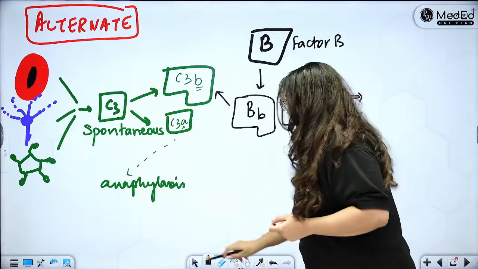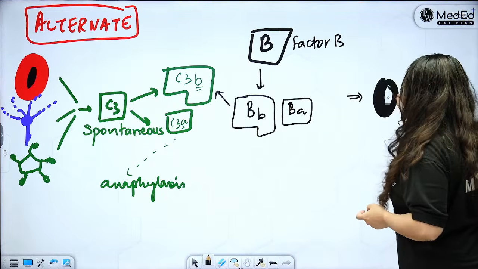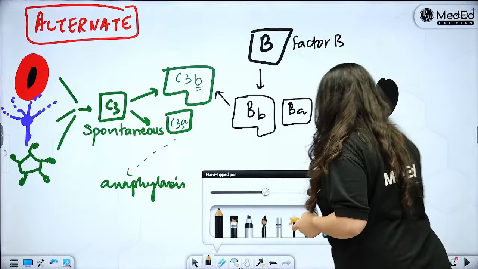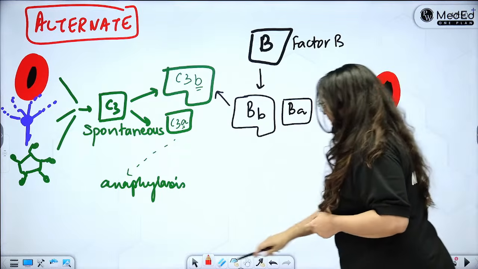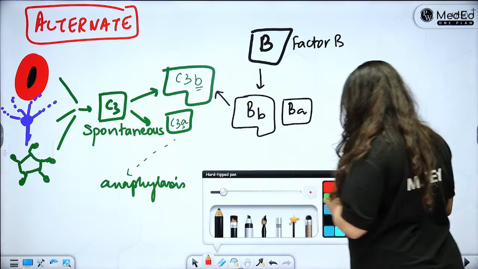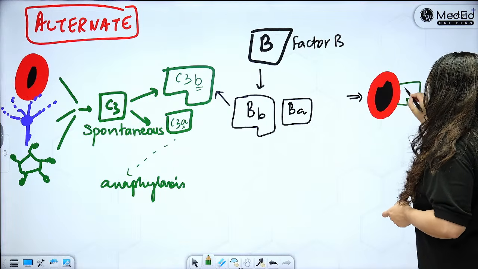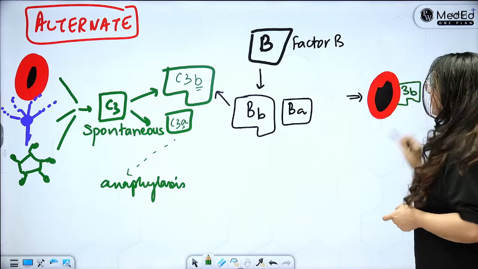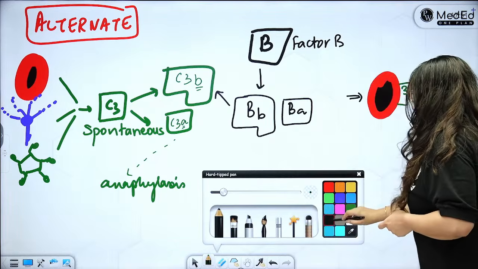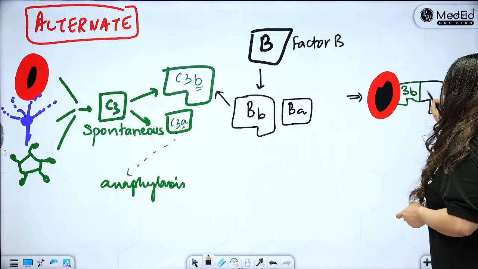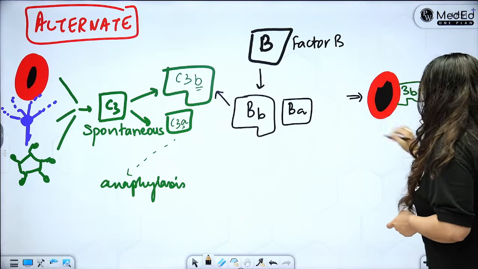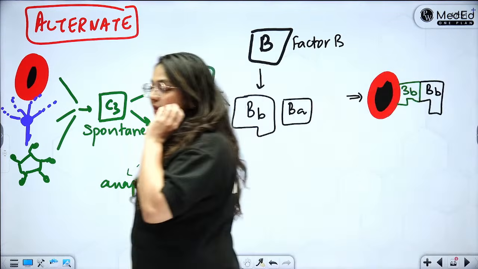Suppose we take the example of this bacteria. This bacteria was sitting there with its lipopolysaccharide, which had spontaneously hydrolyzed C3, and the C3b, which was the binding unit, is attached here. Then Bb has also attached, right? So this is the attachment which has happened with the bacteria.